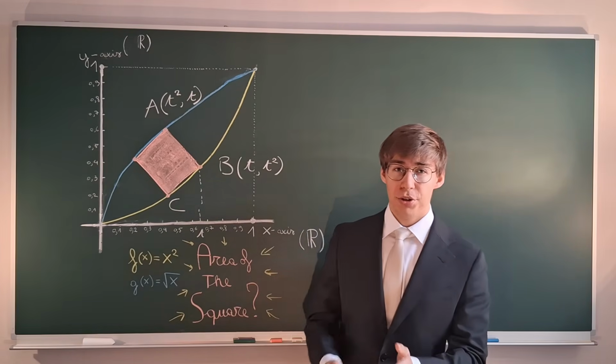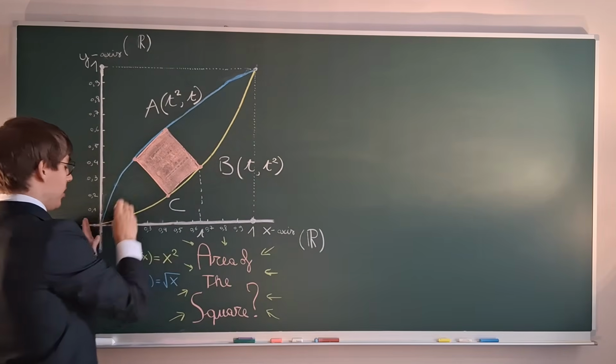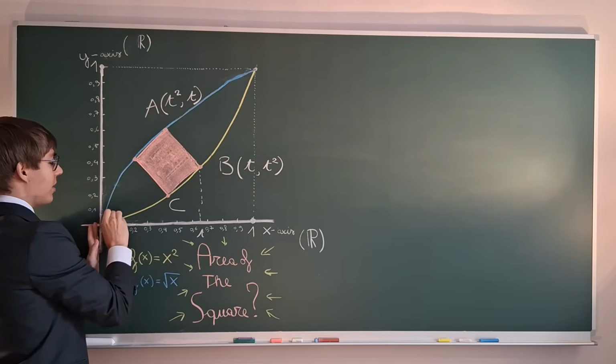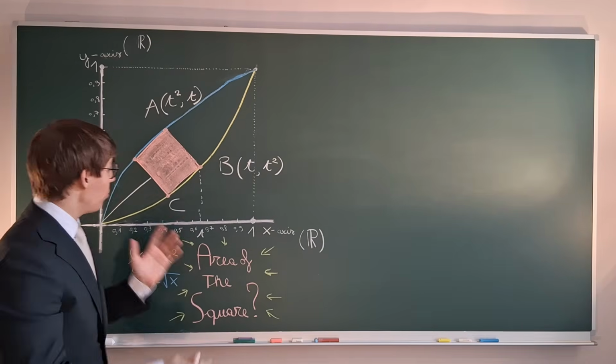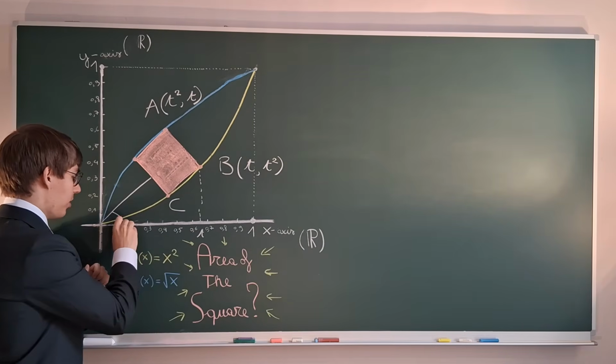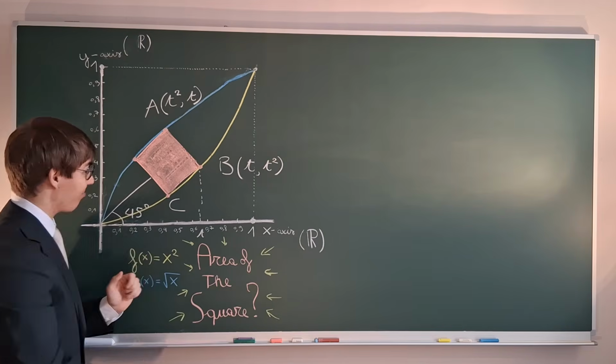But for this we are going to use a trick, which is that we know that this diagonal is exactly the first bisector of this plane, which means that this angle is equal to 45 degrees.